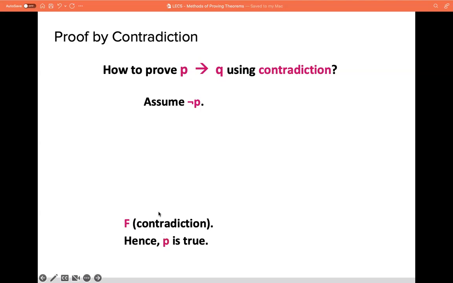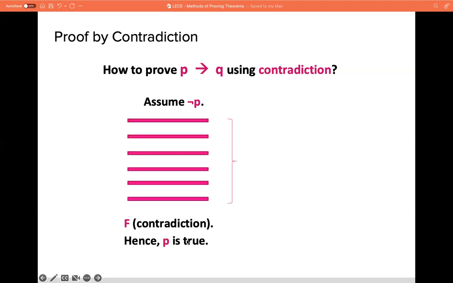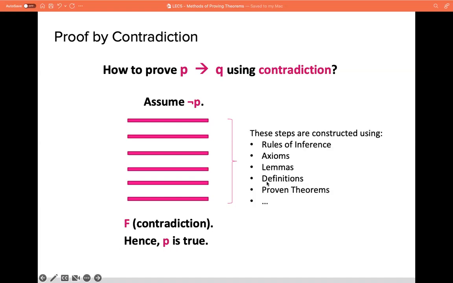Hence, contradicting our assumption, we can say that P is actually true. In other words, if not P is false, then P is true. We can do that using different argument steps like rules of inference, axioms, lemmas, definitions, proven theorems, etc.